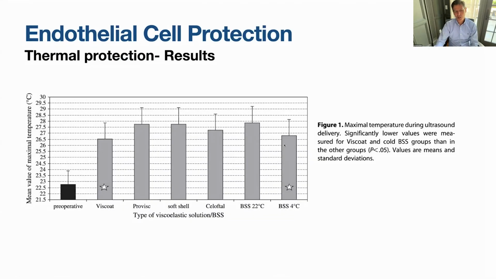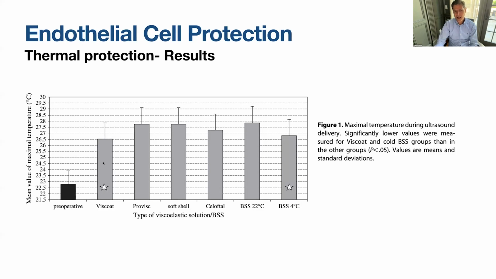And what the results showed, here we can see in this graph, the pre-operative temperature and the temperature generated on the cornea with different types of OVDs, with BSS at 22 degrees centigrade and BSS at 4 degrees centigrade. And as you can see, the least temperature observed on the cornea when they introduced the tip and did ultrasound was with BSS at 4 degrees Celsius.